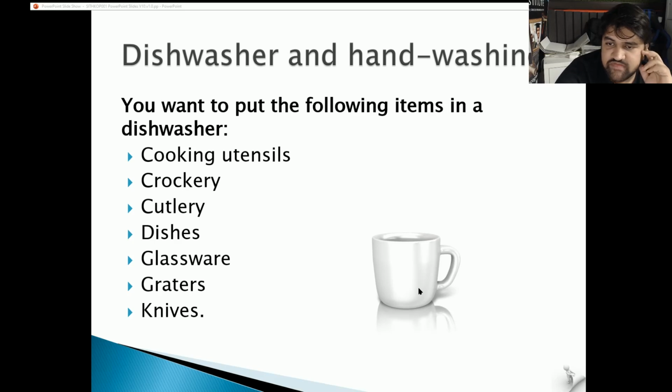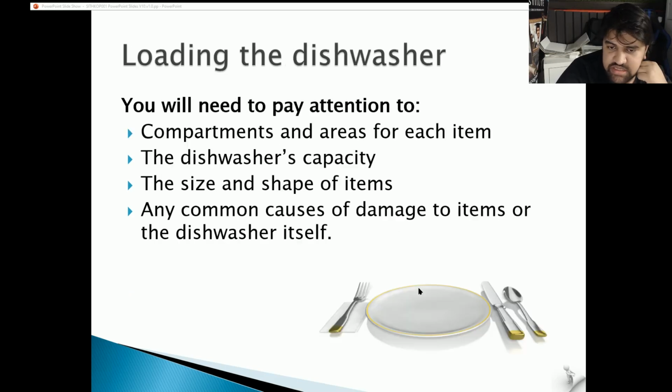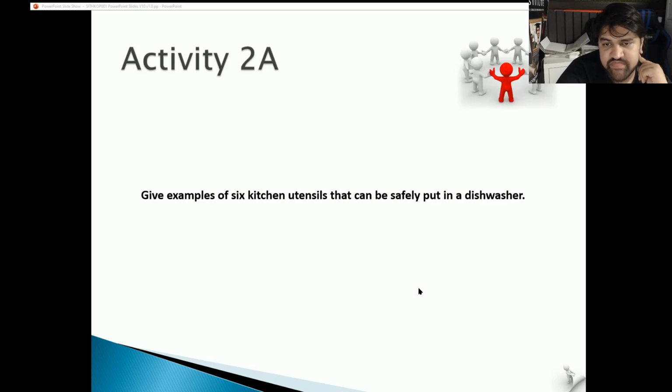You want to put the following items in a dishwasher: cooking utensils, crockery, cutlery, dishes, glassware, graters, knives. You will need to pay attention to compartments and areas for each item, the dishwasher capacity, the size or shape of the item, any common causes of damage to items, or the dishwasher itself.